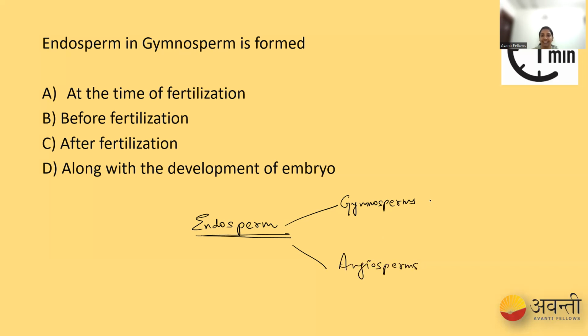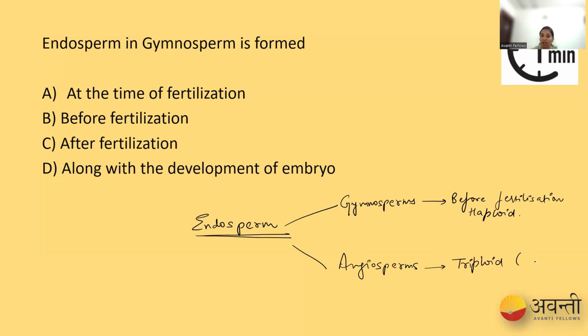So endosperm in case of gymnosperm is formed before fertilization. And if it is formed before fertilization, that means the ploidy of the endosperm in gymnosperm would be haploid. Remember this. Whereas the endosperm in angiosperm is triploid.